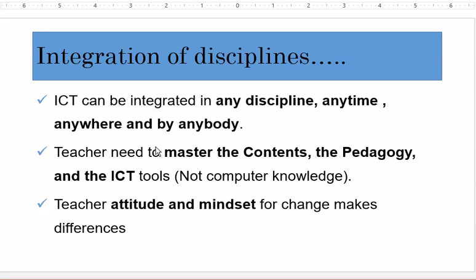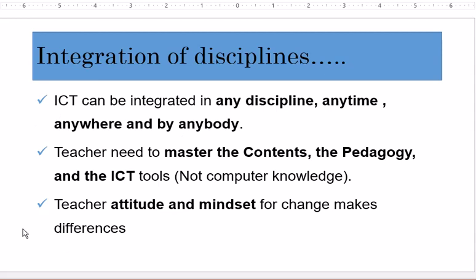So now let me talk about ICT, sorry, not a subject, the ICT tools. These tools can be used in any subject to teach any discipline. I would like to highlight how ICT can be integrated in the subject of your teaching specialization.